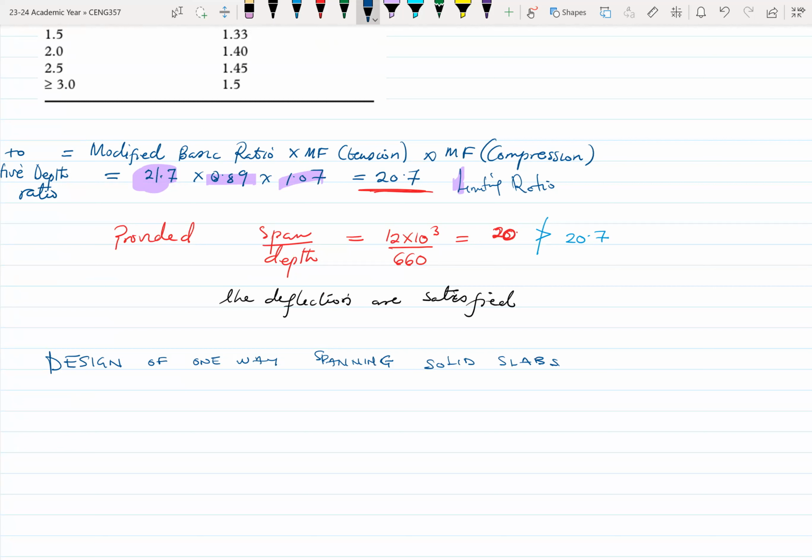I'm just going to take you through an example, and you'll see that the steps are fairly straightforward compared to what we had in the beams.